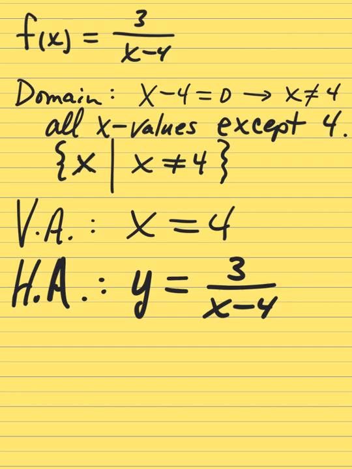Horizontal asymptotes, if there are any, occur when x gets really large. Well, if your numerator is always stuck at 3, but your denominator keeps getting larger and larger, think of it this way. 3/5 and then 3/7. The bottom gets larger, but the value of the fraction gets smaller. 3/10 is smaller. 3/20 is even smaller.